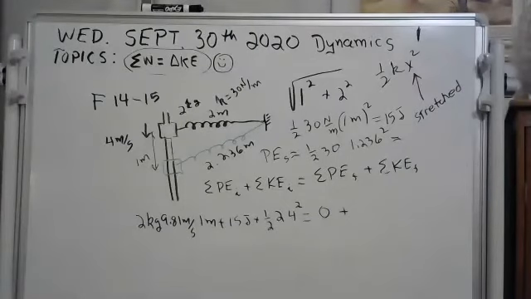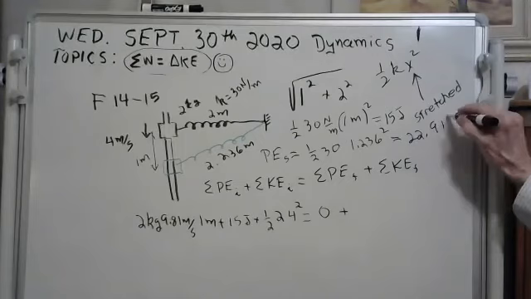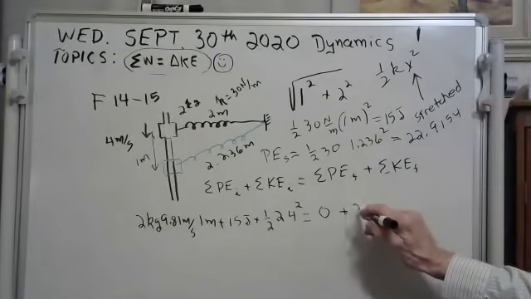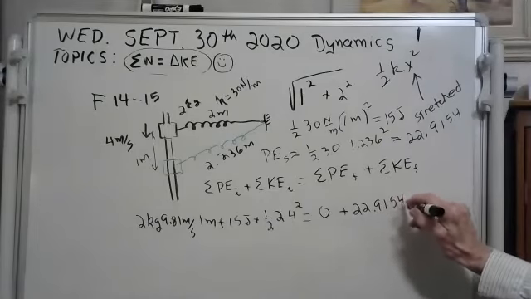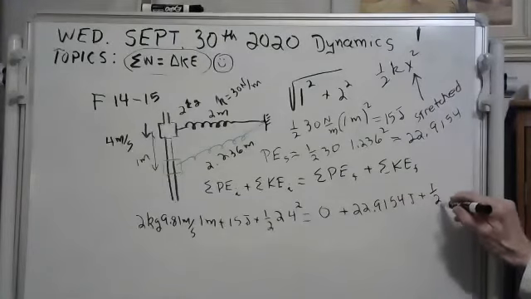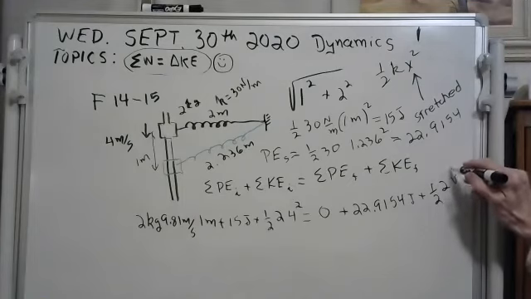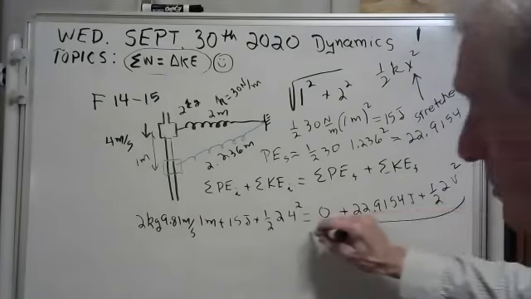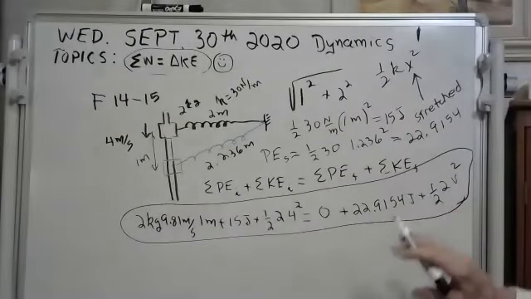Let's see, that's 15 times 1.236 squared. If I did that right, I'm getting 22.9154 joules. Let me put that in there. Plus the final kinetic energy, which is 1/2 times 2 times v squared. Hey, look at here. Here's an equation with only one unknown.